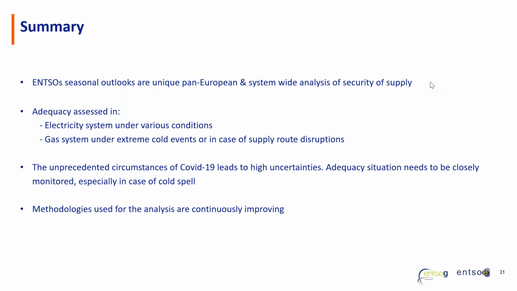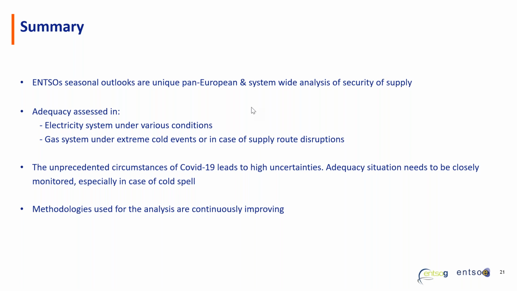So I'd like to summarize some important points about the presentations that you've seen today. The ENTSO-E and ENTSO-G seasonal outlooks are unique, pan-European and system-wide analyses of security of supply. The adequacy is assessed in the electricity system under various conditions.